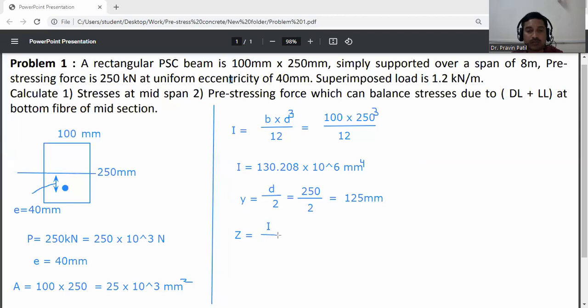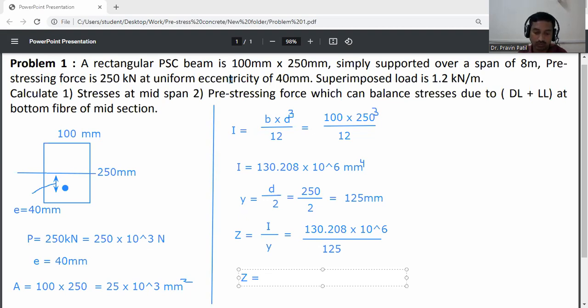I we calculated as 130.208 into 10 raised to the power 6 divided by y, 125 mm. Otherwise, you can calculate Z is equal to b d square by 6 also.